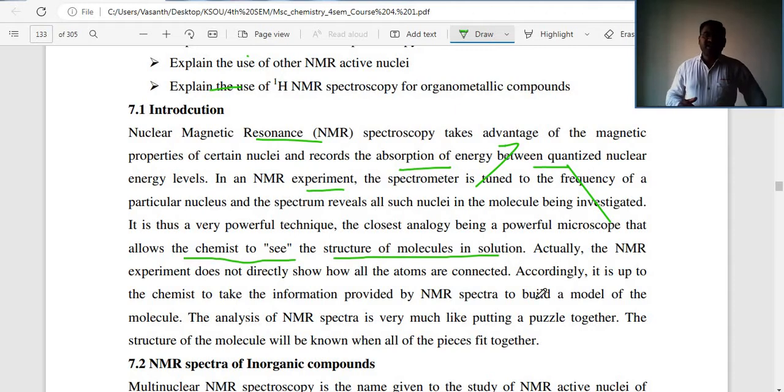Accordingly, it is up to the chemist to take the information provided by NMR spectra to build a model of the molecule. The analysis of NMR spectra is very much like putting a puzzle together. The structure of the molecule will be known when all of the pieces fit together.